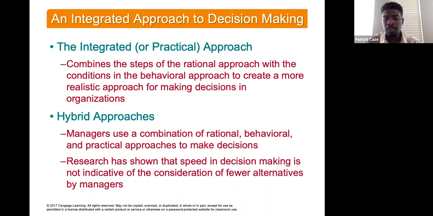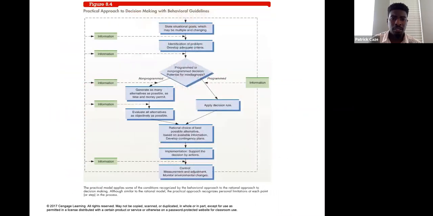I think it's pretty evident to anyone that decisions aren't impacted by just one thing. There's a number of things that have an impact on your decision making, and so it's important that you take all those things into consideration and figure out, okay, where do I want to go with this particular decision?